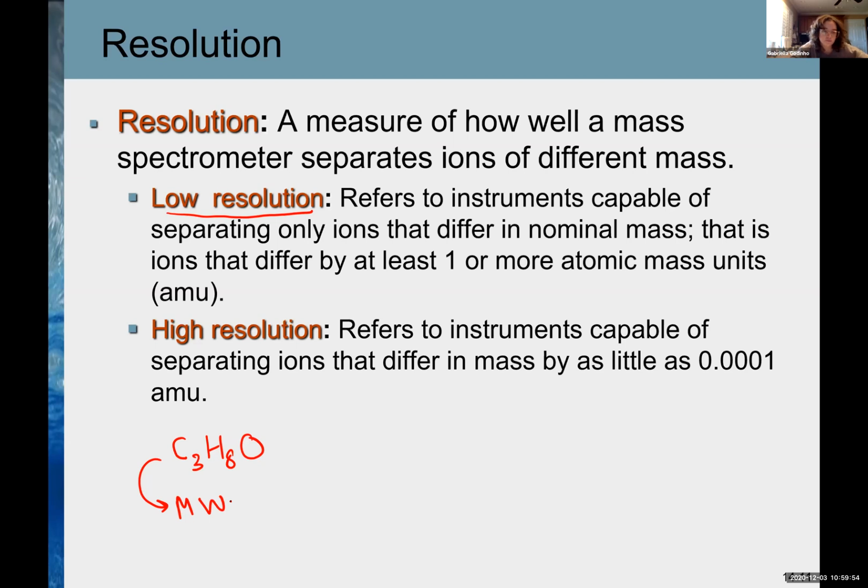60, right? And let's say if I have another compound which is C2H4 and O2. Calculate the molecular weight. 60.